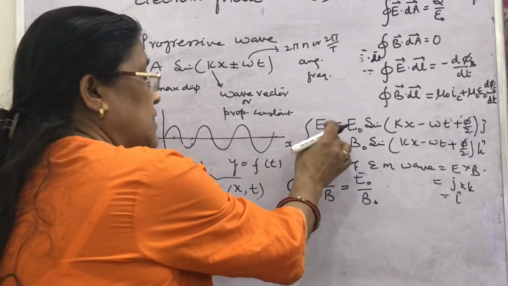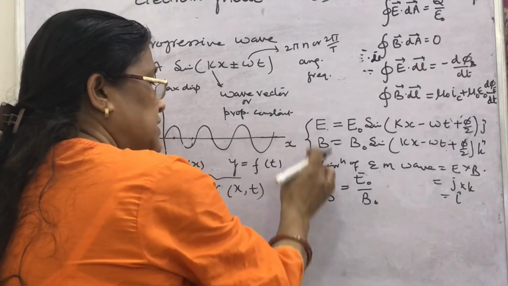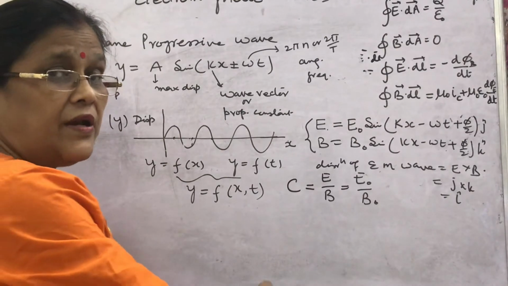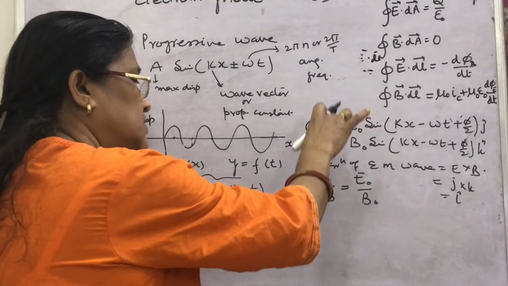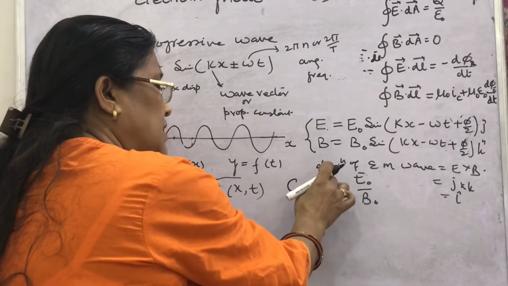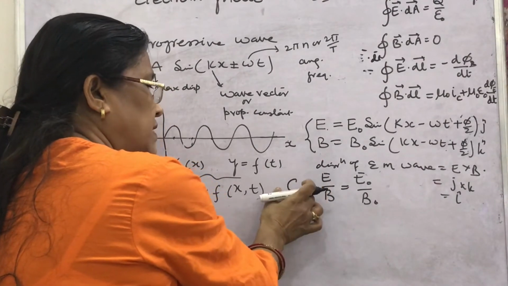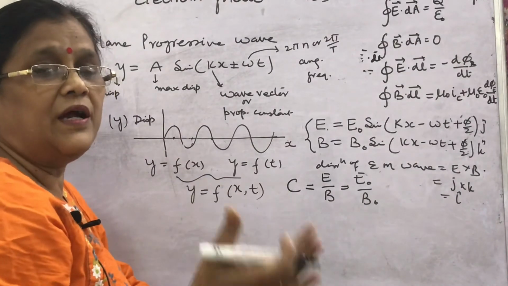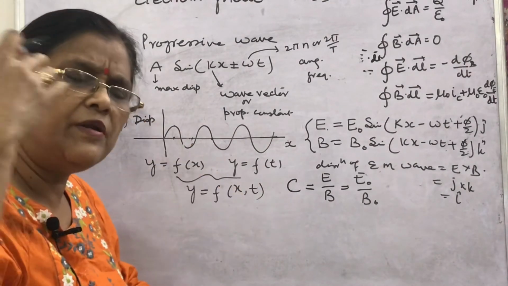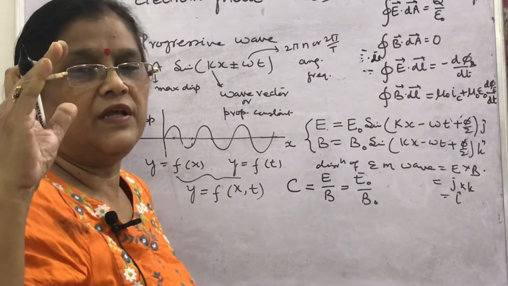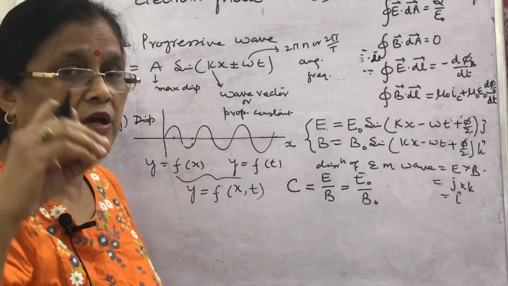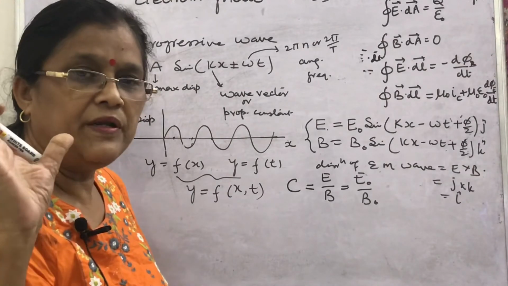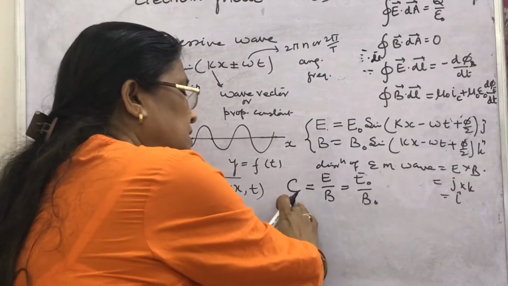From the division of the two equations, this is c, the speed of light. Maxwell predicted that EM waves travel with the speed of light, and it came true that all EM waves, whatever their wavelength, travel in vacuum with the same speed. Wavelength lambda may be different, but they travel with the same speed.